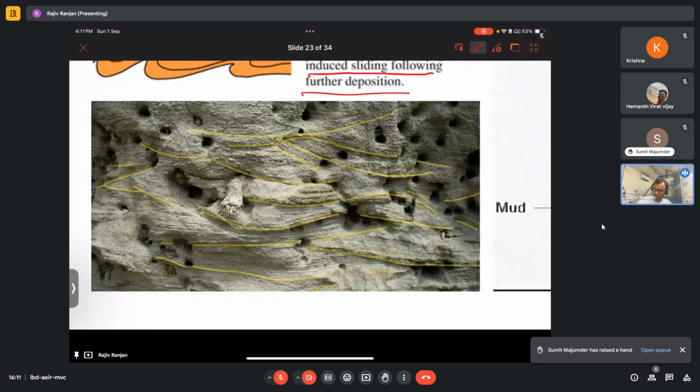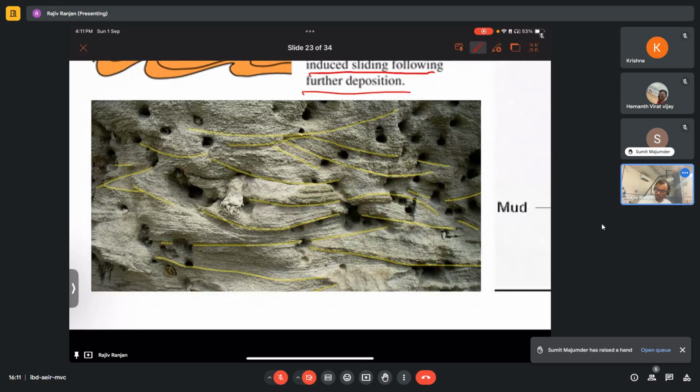This is something called festoon bedding, or this is also known as, can somebody tell me what this is known as? Trough cross bedding, right? We cannot see any continuity.